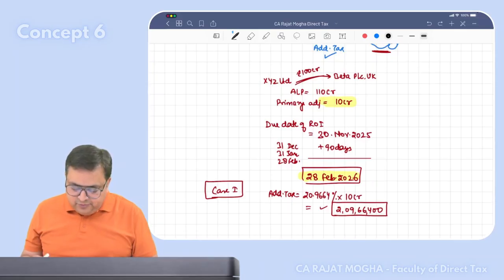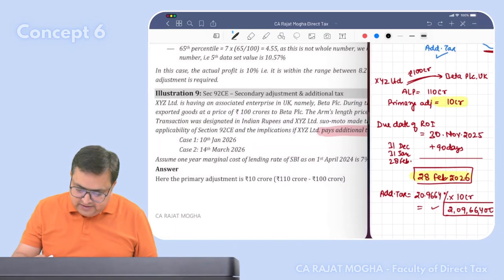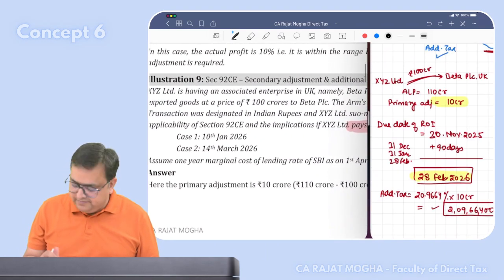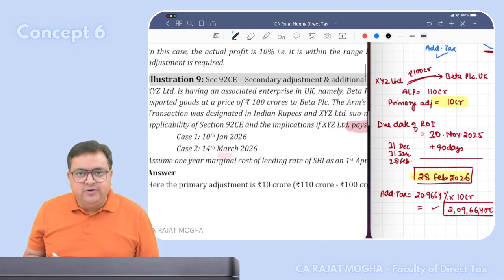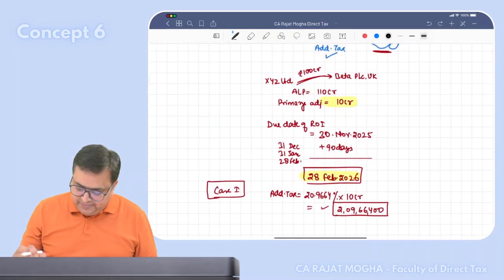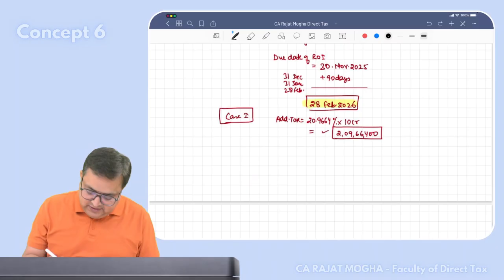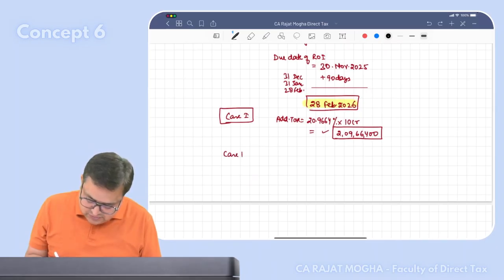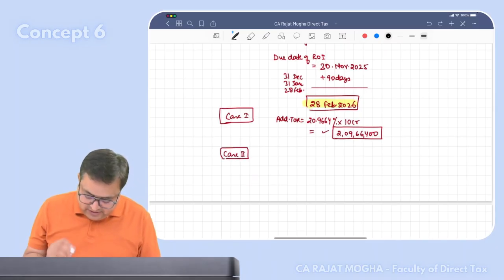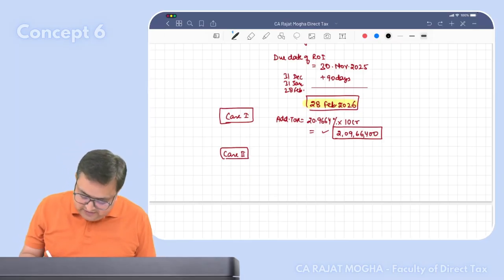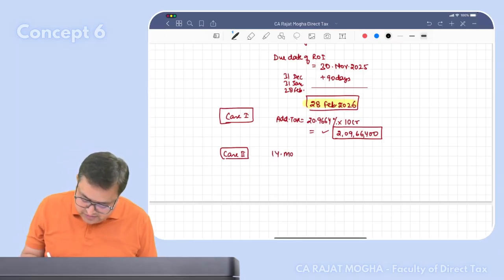And in case number 2, you are bringing this money on 14th of March 2026. Sorry, you are not bringing the money, but you are paying additional taxes.